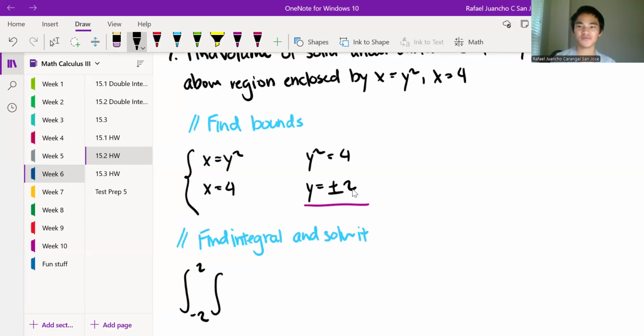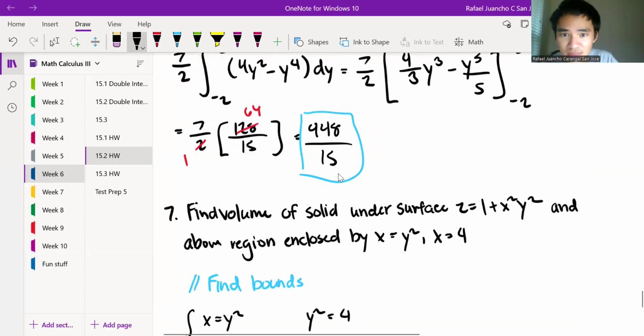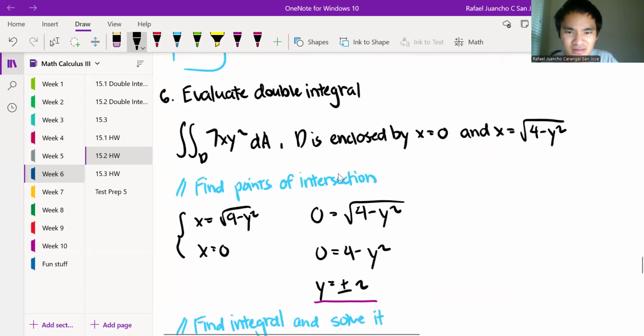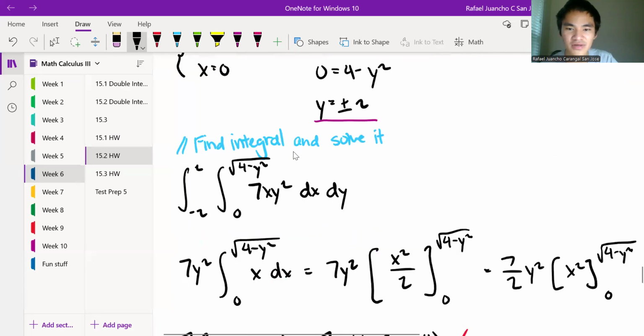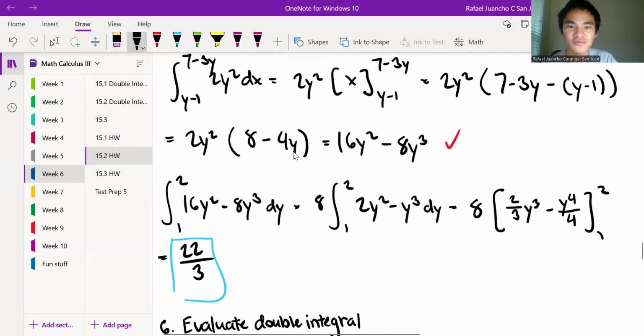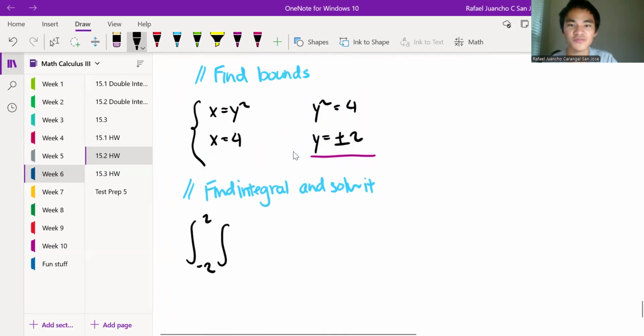If I plug in a 2 here, it would be 4. So what does that tell me? If I plug in something like a 1, my 4 is actually greater than my y squared in this case. I'm just trying to assume. Wait, am I right? Yeah. So I have to do that thing as well, where I check which one's the bigger bound.